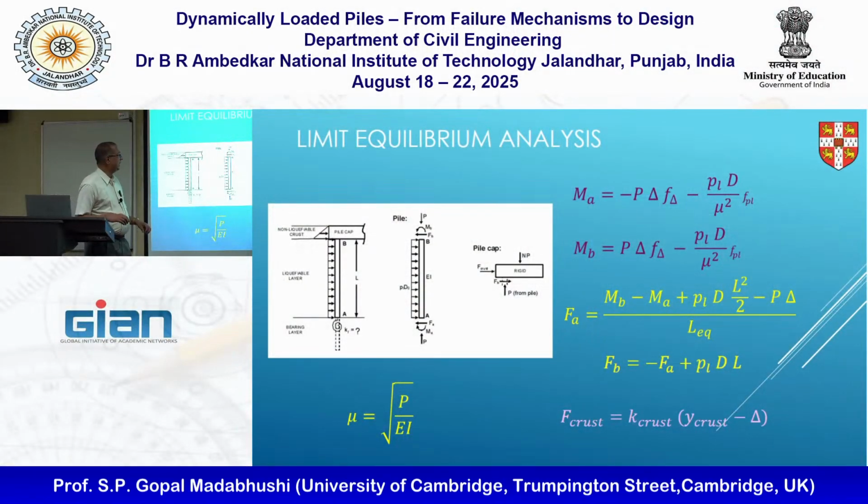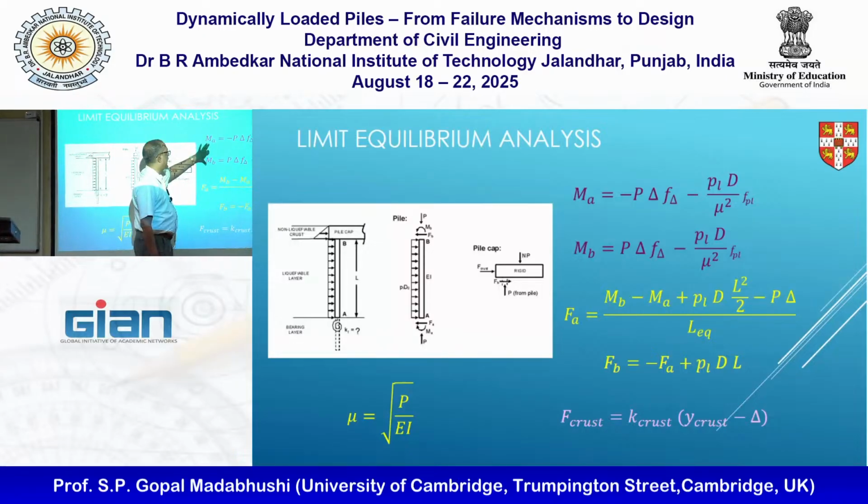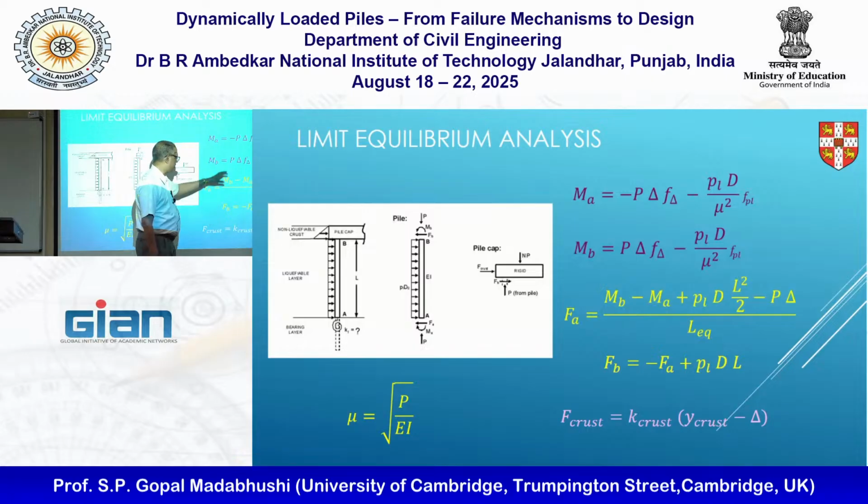So I can write these equations here, first of all the moment equilibrium and then the force equilibrium. That's all these are. F crust: I can say what is the stiffness of the crust layer, and then how much the crust wants to move minus how much the pile is allowed to move.